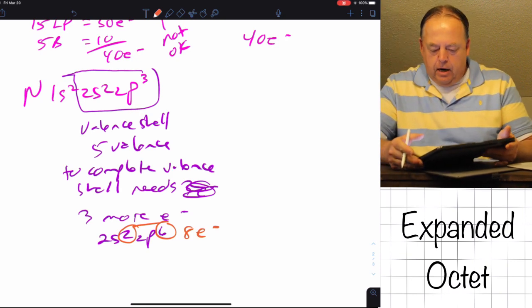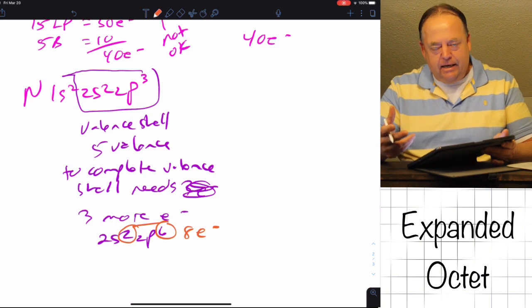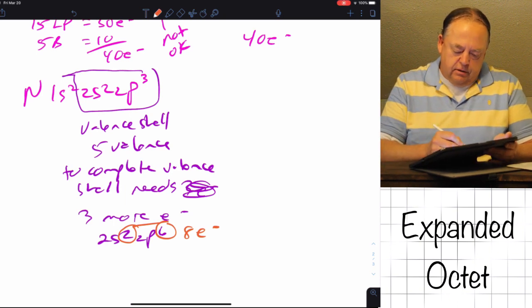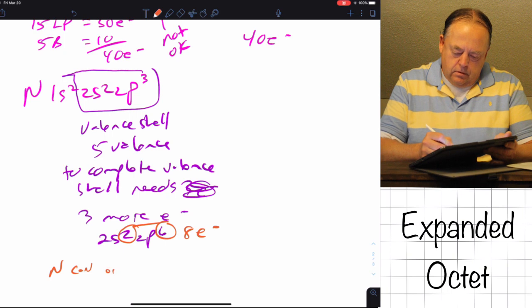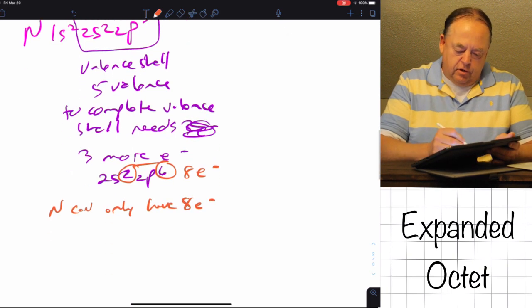And that's the basis of the octet rule. If you complete its outer shell, then it looks like a noble gas and it has 8 valence electrons. So nitrogen can only have 8 electrons in its valence shell.